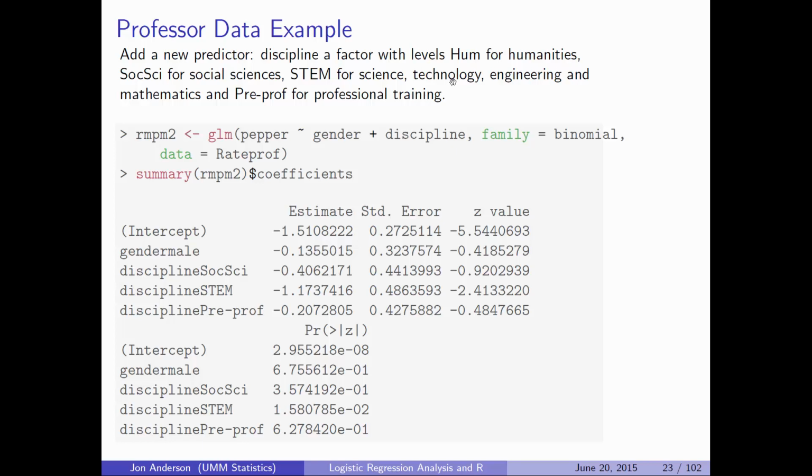The choices are humanities, social science, STEM for science, technology, engineering, and math, and pre-professional for professional training. You'll notice on this variable we have social science, STEM, and pre-professional. That means the base comparison level that's been left out is humanities.